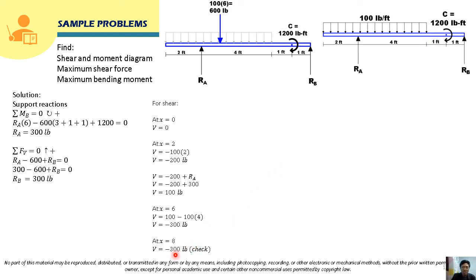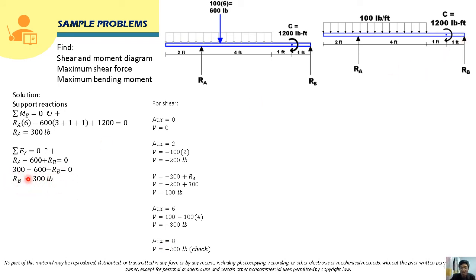Okay, so class, the shear at x equal to 8, at this point, is negative 300 pound. And you can check if it's correct by checking the value of the reaction force at this same point. Since the shear here is negative 300 pounds, the reaction here should be positive 300.